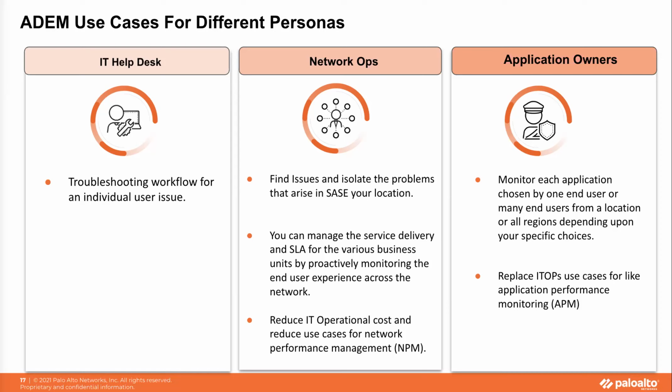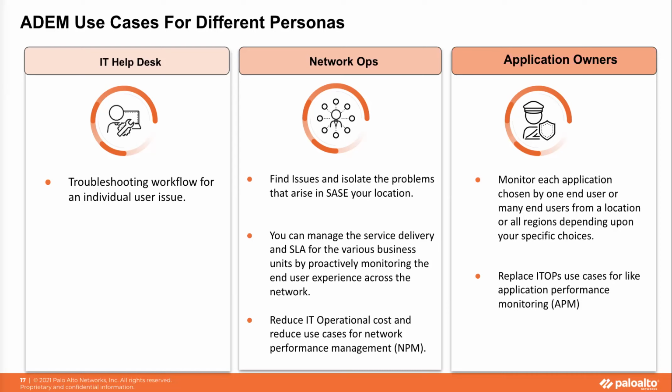The issue could be due to any number of issues along the path, including the wired connection, wireless connectivity, WAN, ISP, application. And there are many areas to analyze, such as Prisma Access or the ISP. Network operations can quickly find the issues and isolate the problems that arise in your SASE location.